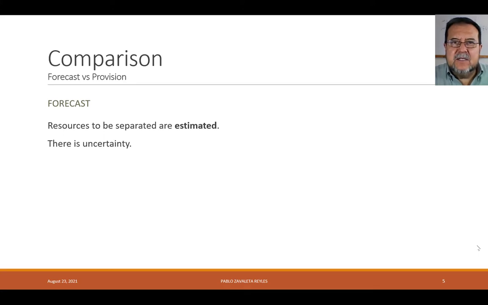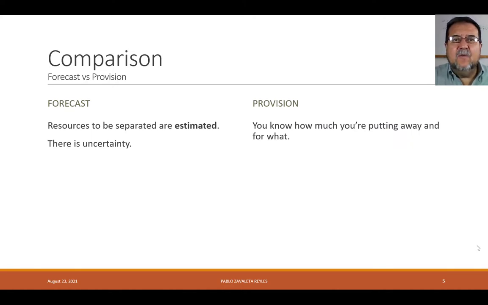There is uncertainty involved. We will try to get that uncertainty as low as possible, but there is always an element of uncertainty. With provisions, the thing's a little bit different. We know how much we're putting away and for what reason. There is no uncertainty.